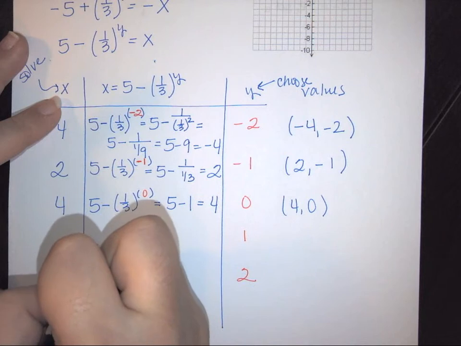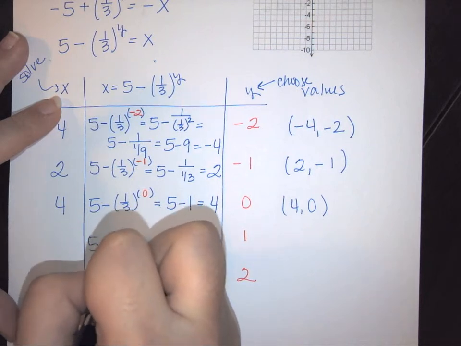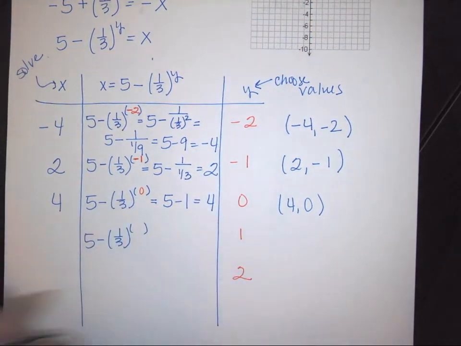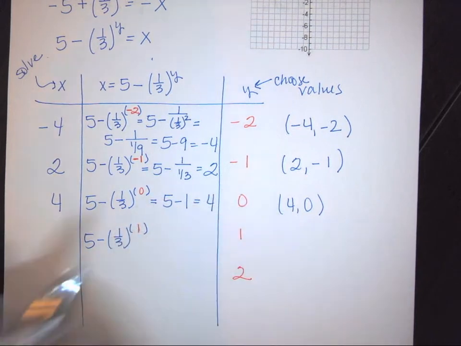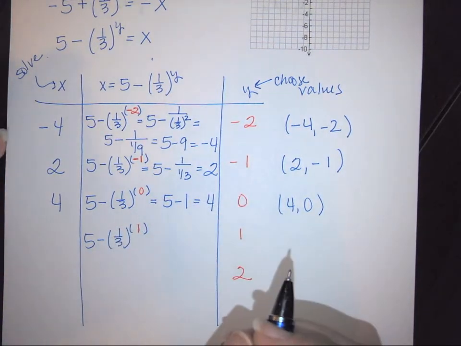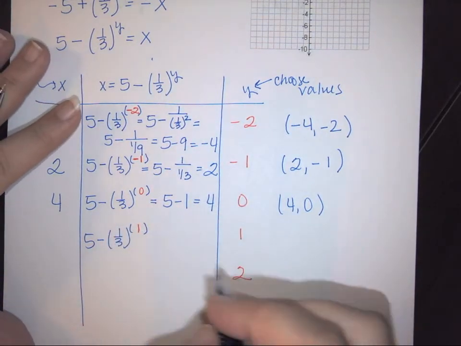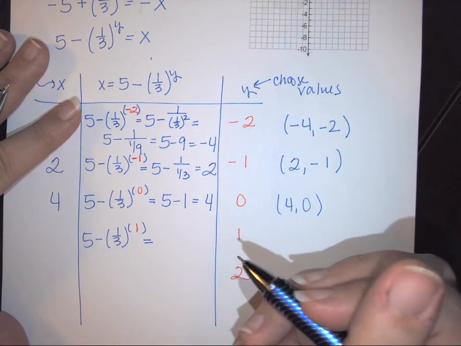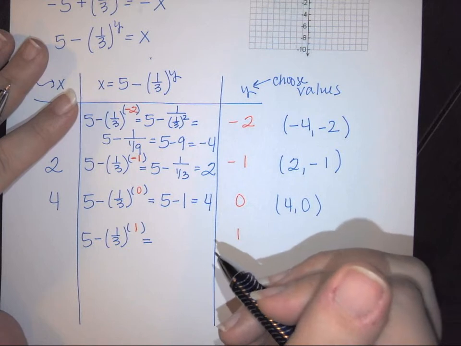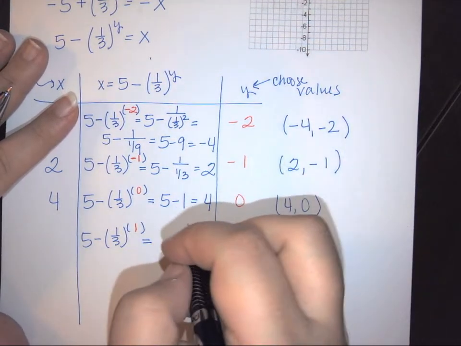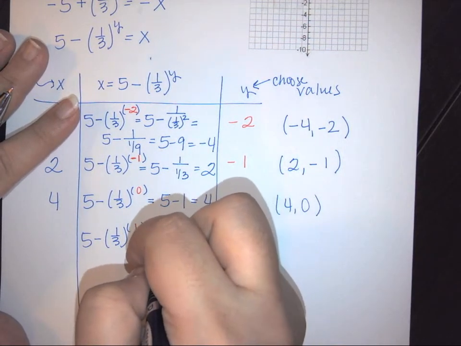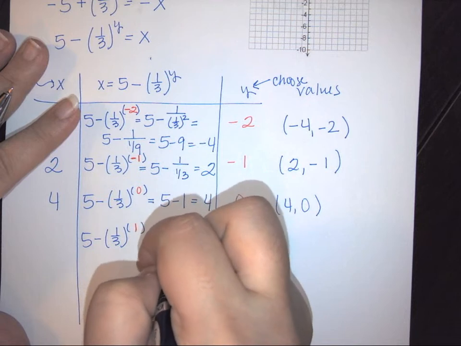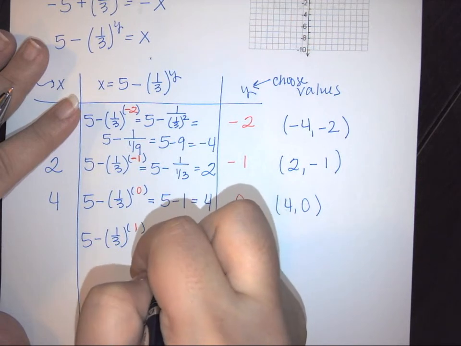This is now 5 minus that same 1/3 raised to its power, and it's going to be the power of 1. So this is 5 minus 1/3, which in this case you could go ahead and use the decimal because we're looking at how close we are. So this would give me the decimal 4.67 repeating.